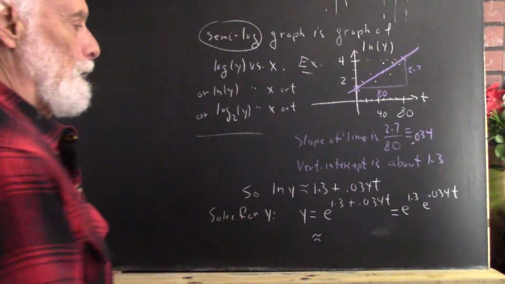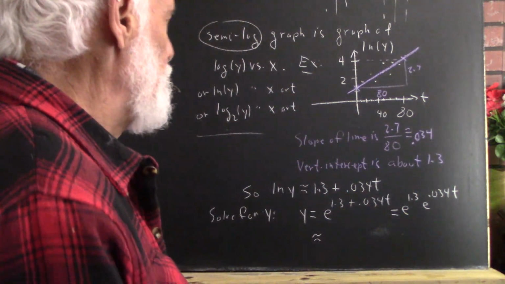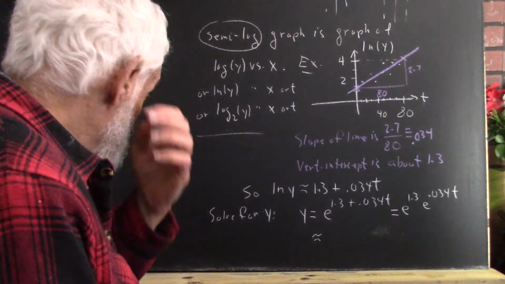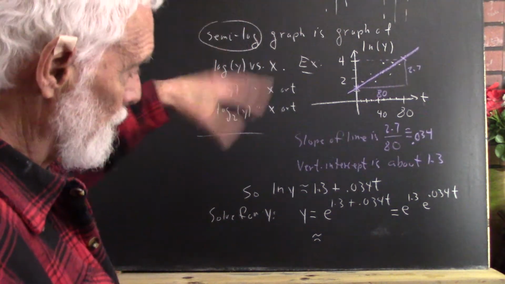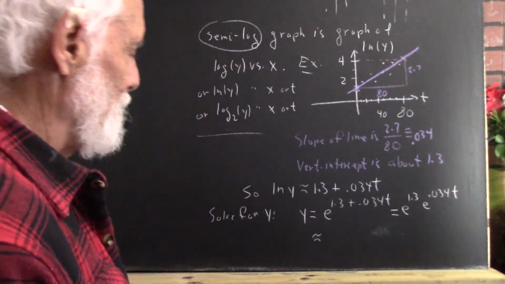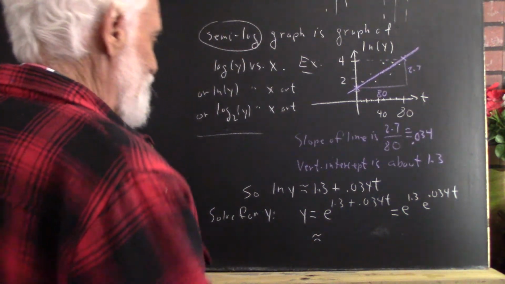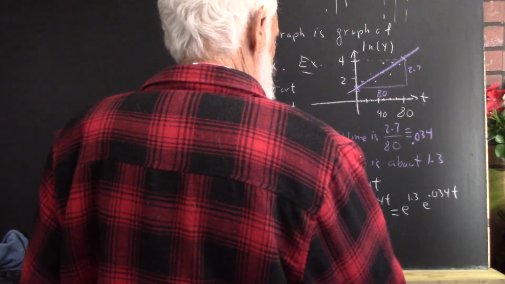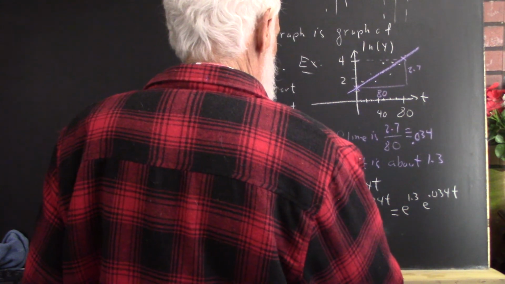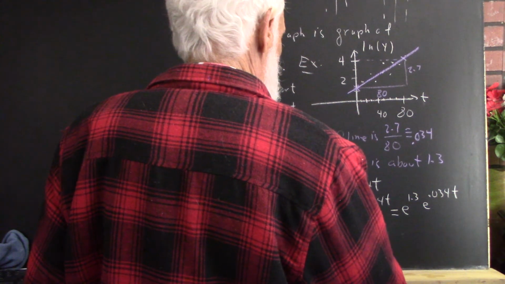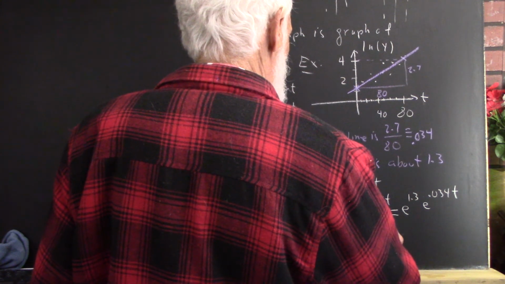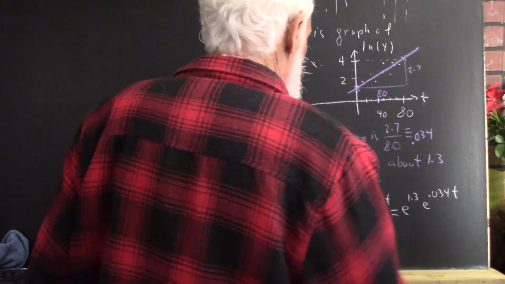And e to the 1.3, you're going from 2.7 up to about 7, and a third of the way would take you that far, and it's going up by 4, so maybe it's about this, and don't take that seriously.